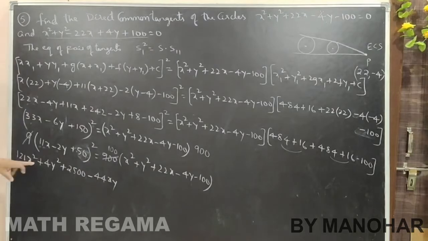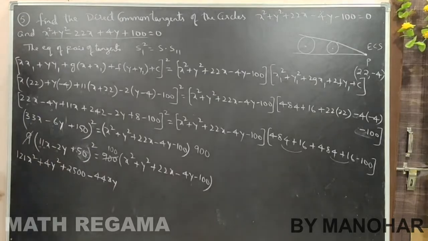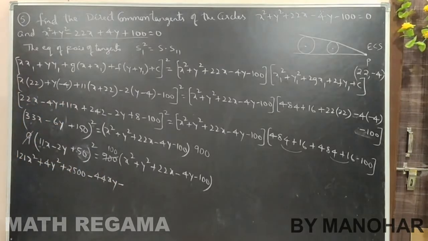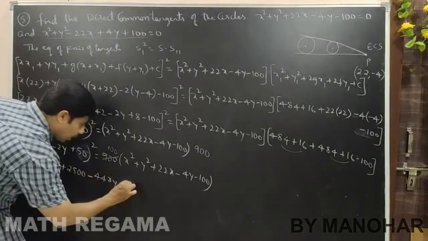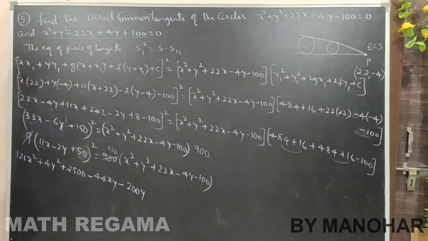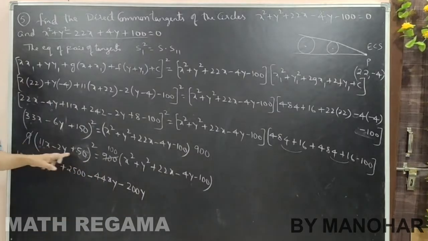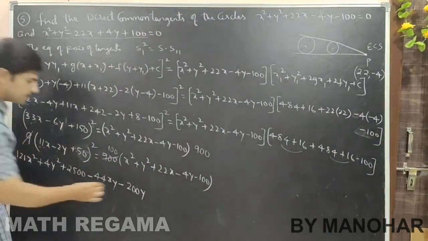Plus 2bc, actually it is plus 2bc, but b is negative, so I should put minus sign. 2bc, 2 2s are 4, 4 into 50 is 200, 200y. Then 2ca, 2 into 50 is 100, 100 into 11 is 1100x.